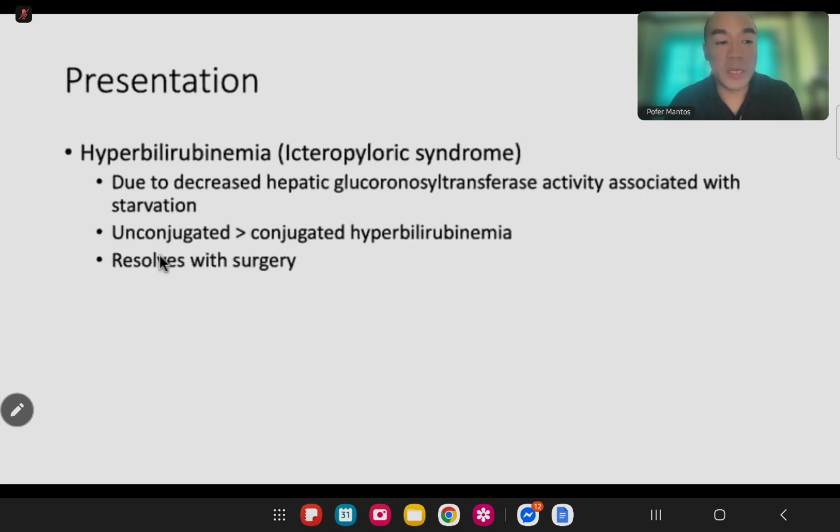So you would see an elevated unconjugated bilirubin or indirect bilirubin in these patients. The improvement will be dramatic after the correction of the stenosis.